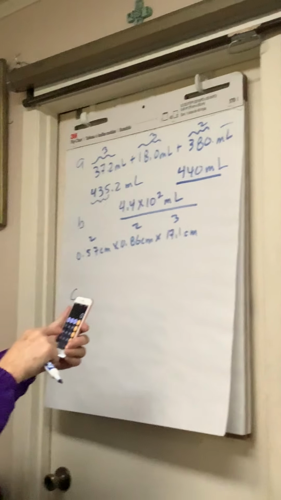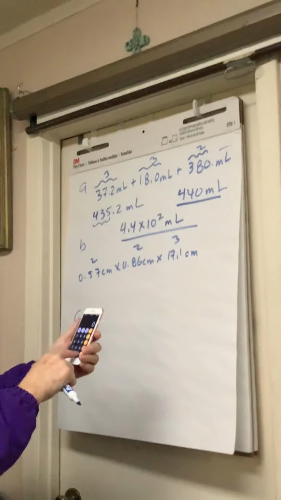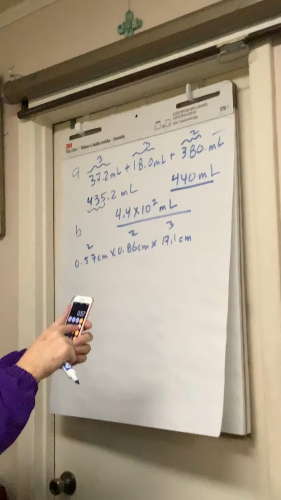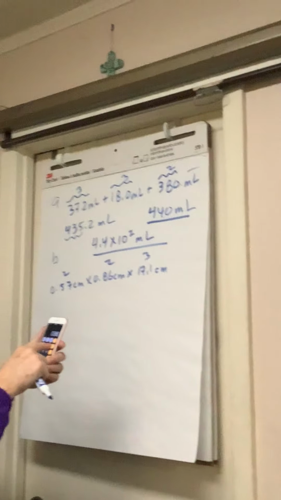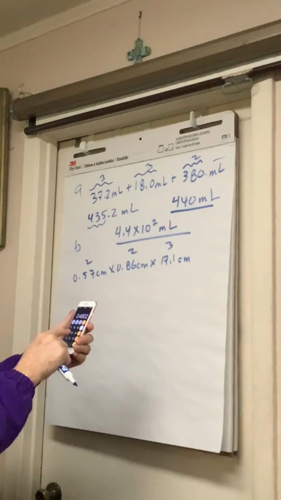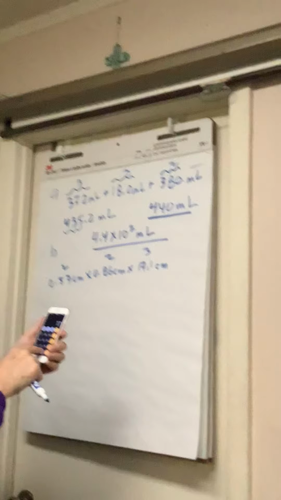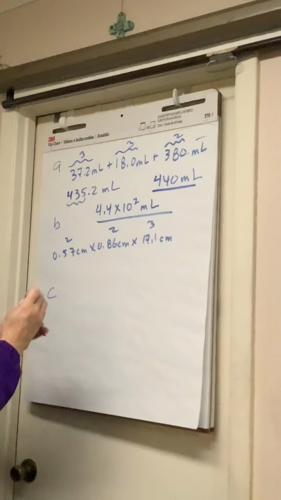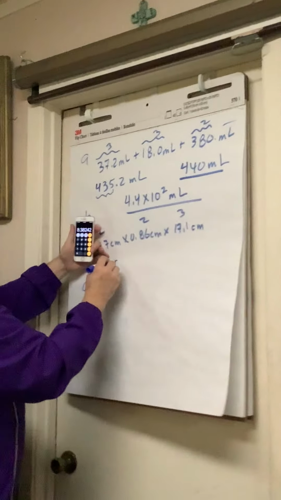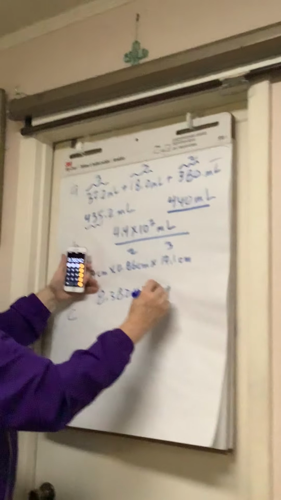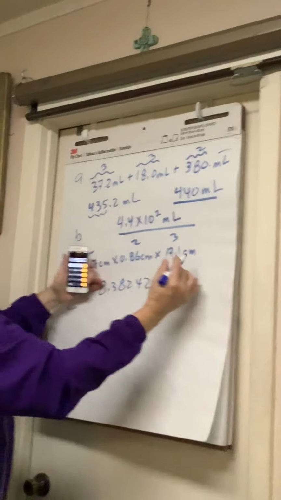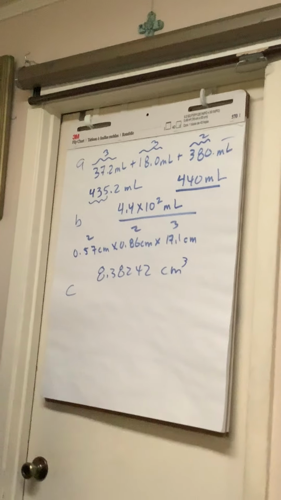So I will quickly do the math: 0.57 times 0.86 times 17.1, and this is my answer: 8.38242 centimeters times centimeters times centimeters, or cubic centimeters.